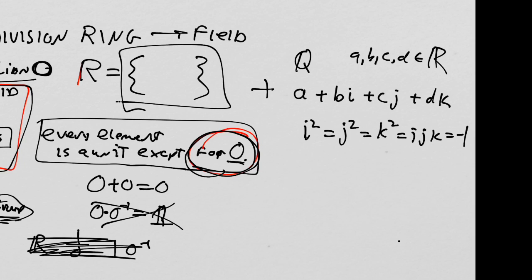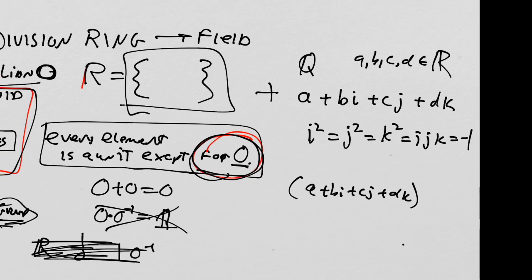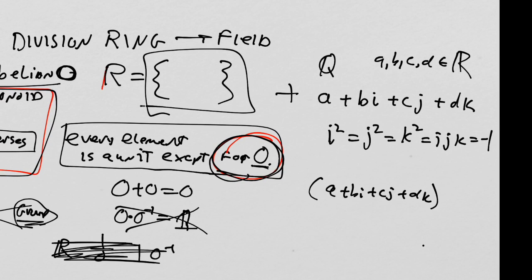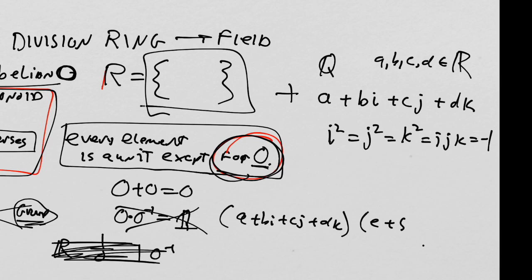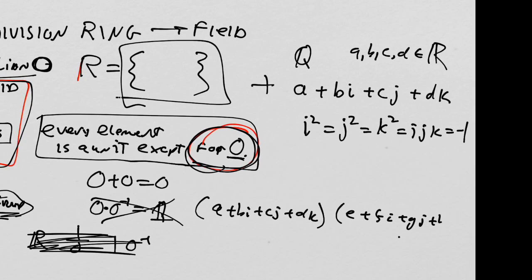Multiplication of quaternions: I take a plus bi plus cj plus dk and multiply it by e plus fi plus gj plus hk. I just do straight-up multiplication, and keep in mind every time I see i squared, j squared, or k squared, I replace it with -1.